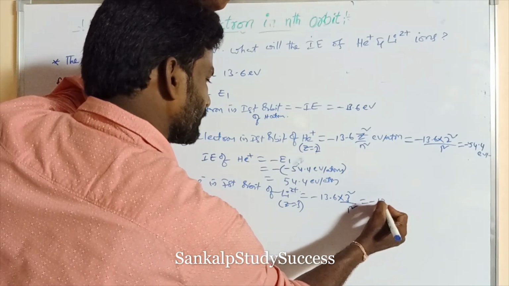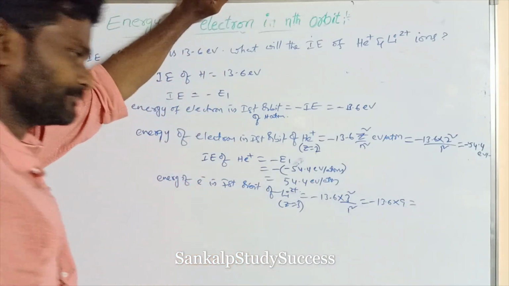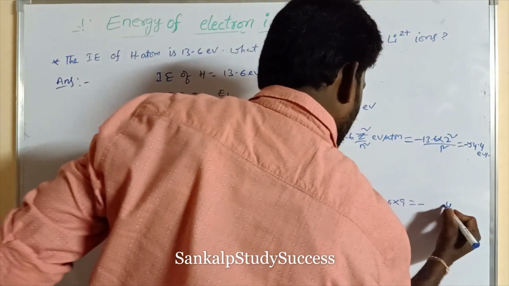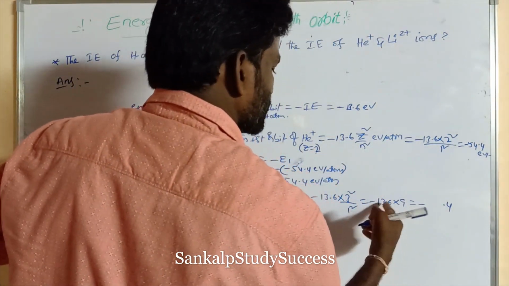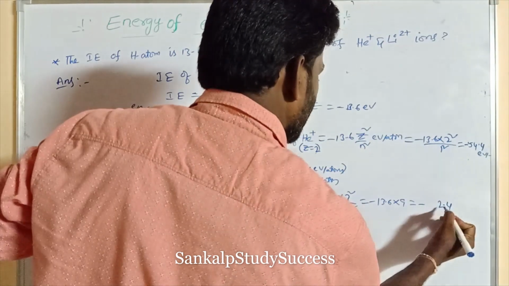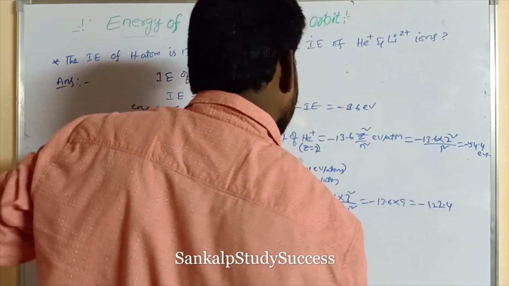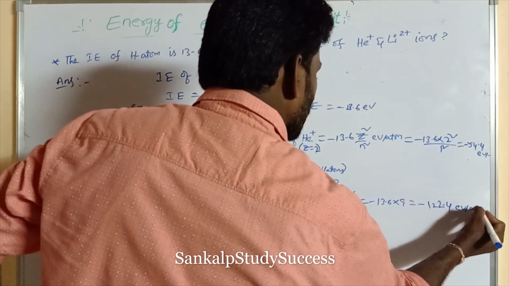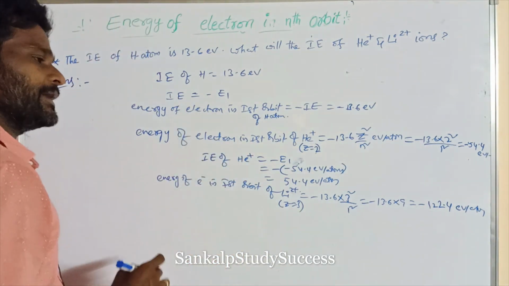So minus 13.6 into 9 gives minus 122.4 electron volt per atom. This is the energy of electron in the first orbit of Li2 plus.